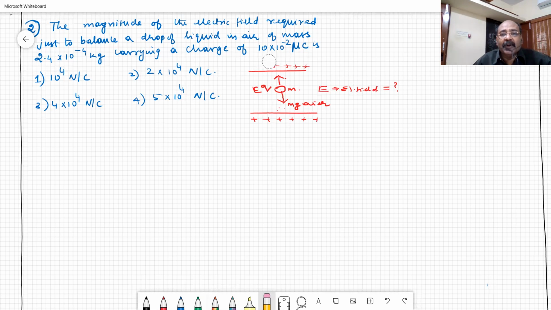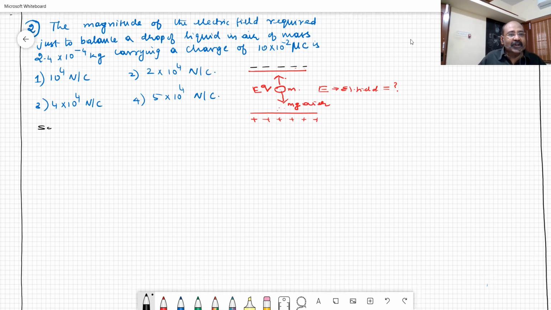Then only you can get the electrical field acting in the upward direction. If it is acting in the upward direction, then the electrical force is also acting in the upward direction. When the force due to electrical field and force due to the gravitational field are made equal, the liquid drop will be just in balance.